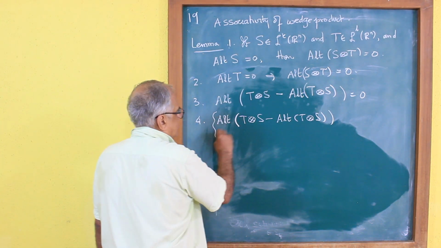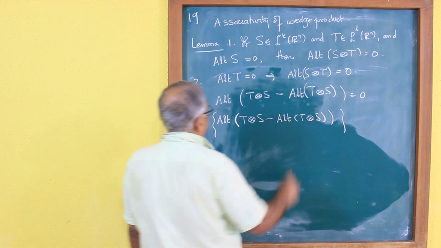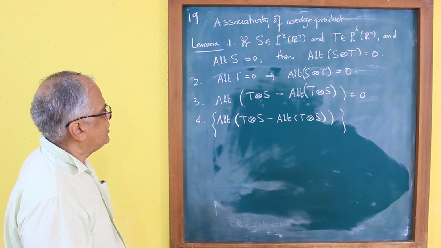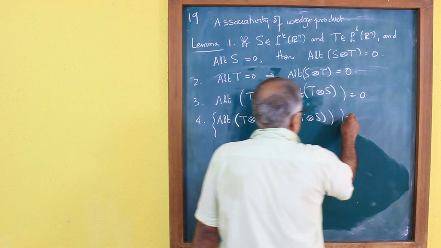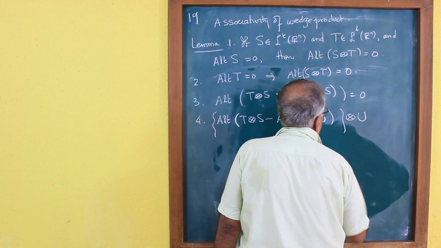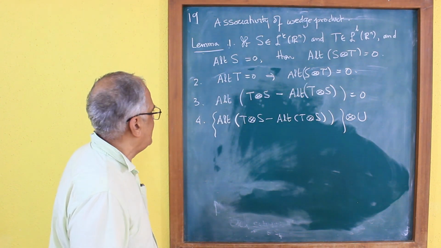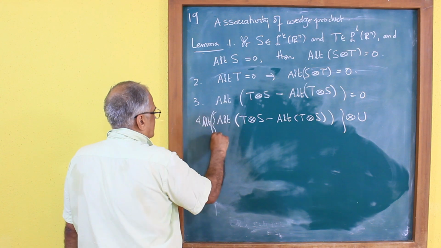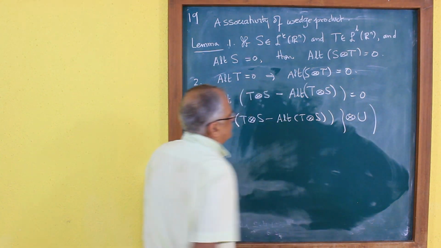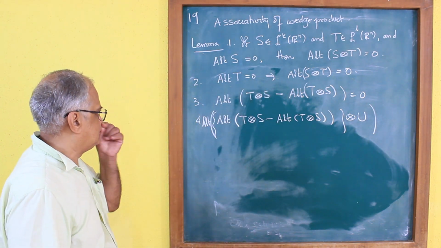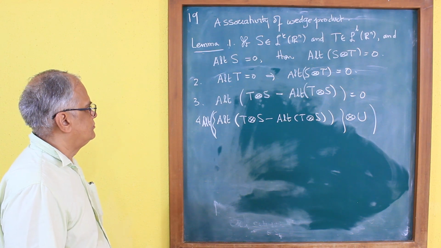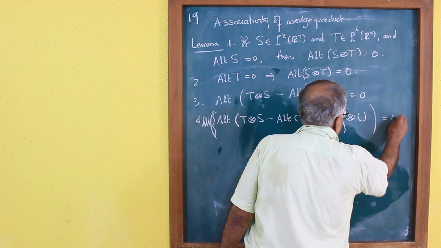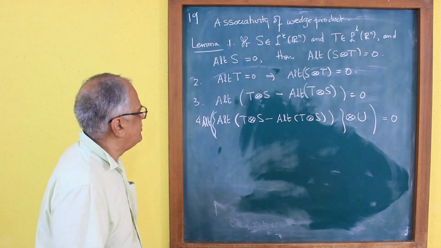Yes? The alt of this is 0, is what the previous line is saying. And therefore, by the lemma that we have, if I take any u, and then I take alt of that, what will you get? You will get 0. Hope you understand what I'm doing. I'm applying this.